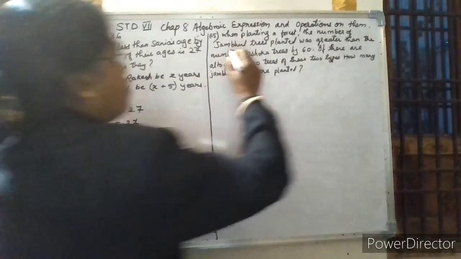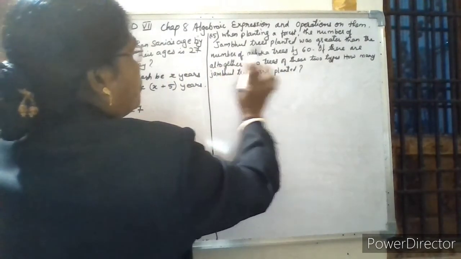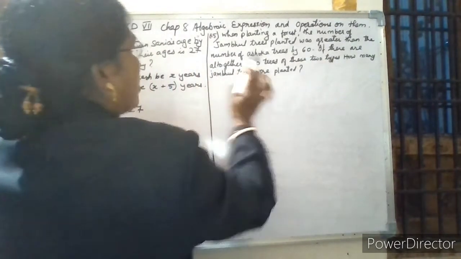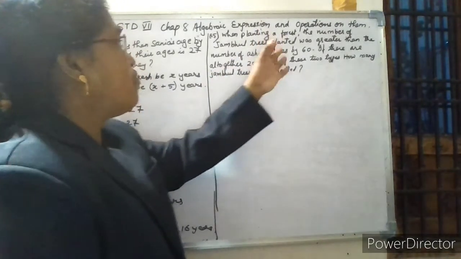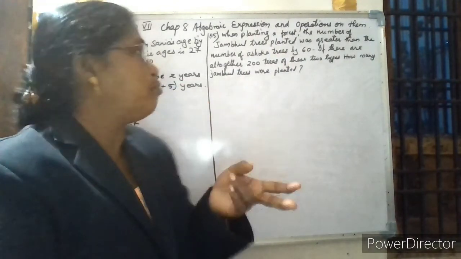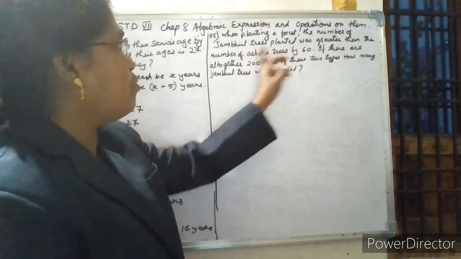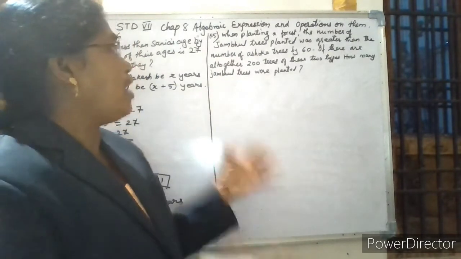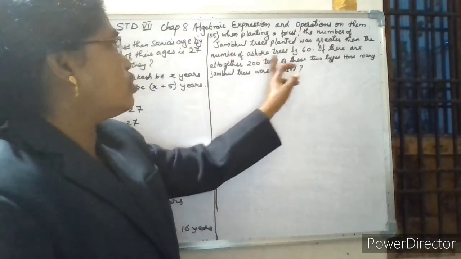When planting a forest, the number of Jambul trees planted was greater than the number of Ashoka trees. So, when planting in a forest, two types of plants are planted: Jambul trees and Ashoka trees. It is given that the number of Jambul trees planted was greater than the number of Ashoka trees by 60.